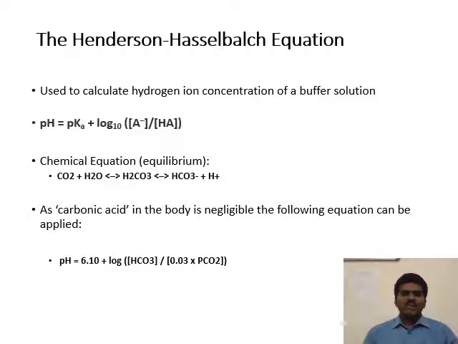Carbonic acid is a weak acid, and immediately dissociates into bicarbonate ion and H plus ions. So the whole reaction is in equilibrium. As carbonic acid in the body is negligible, the following equation can be applied to derive the Henderson-Hasselbalch equation in the human body: pH equals 6.1 plus log of bicarbonate divided by 0.03 × PCO2.